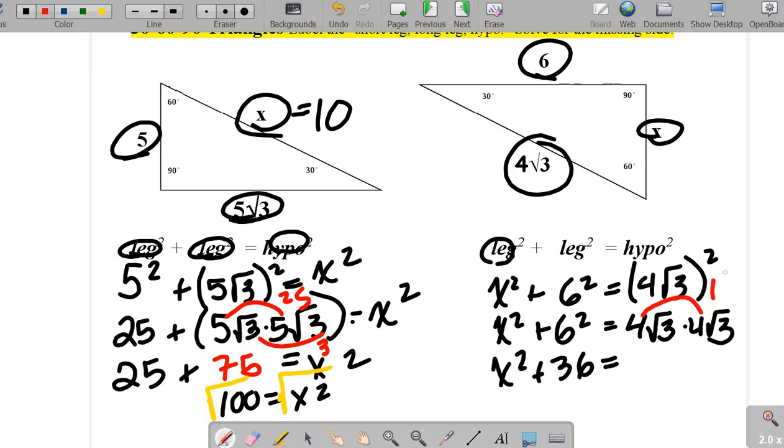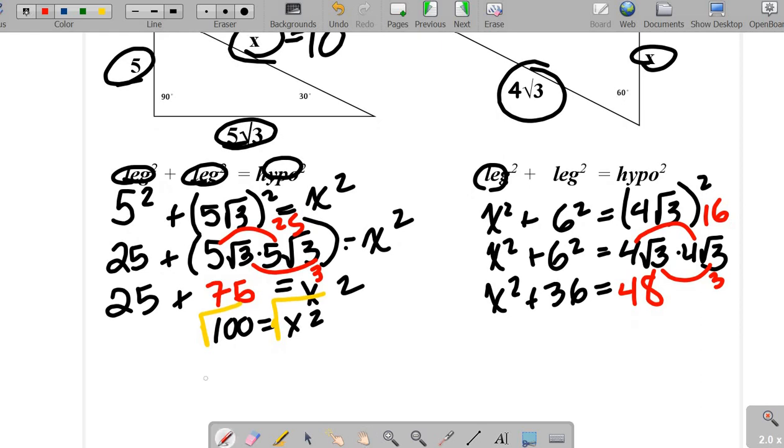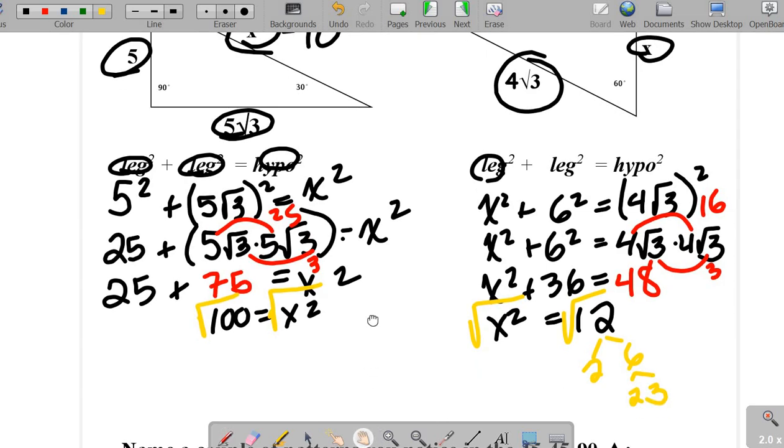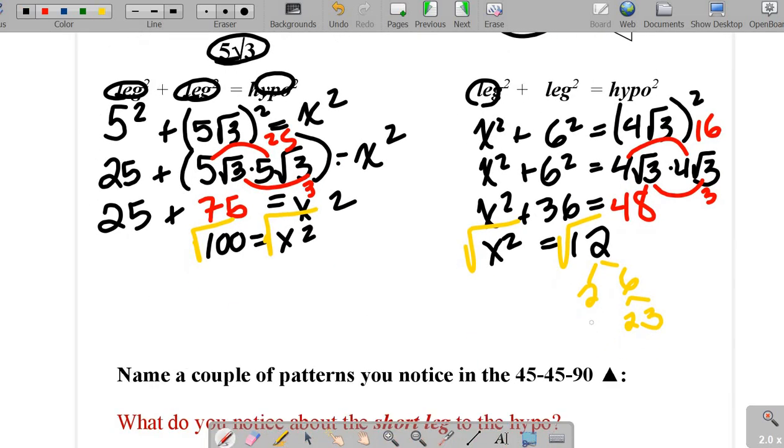Four times 4 is 16. Root 3 times root 3 is 3. That makes that 48. 3 times 16. Minus 36 both sides. Take a look here, and of course, we end up with 2 root 3.